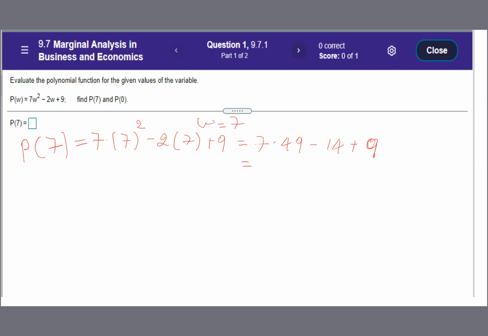Let's do this on the calculator. So that's 338.